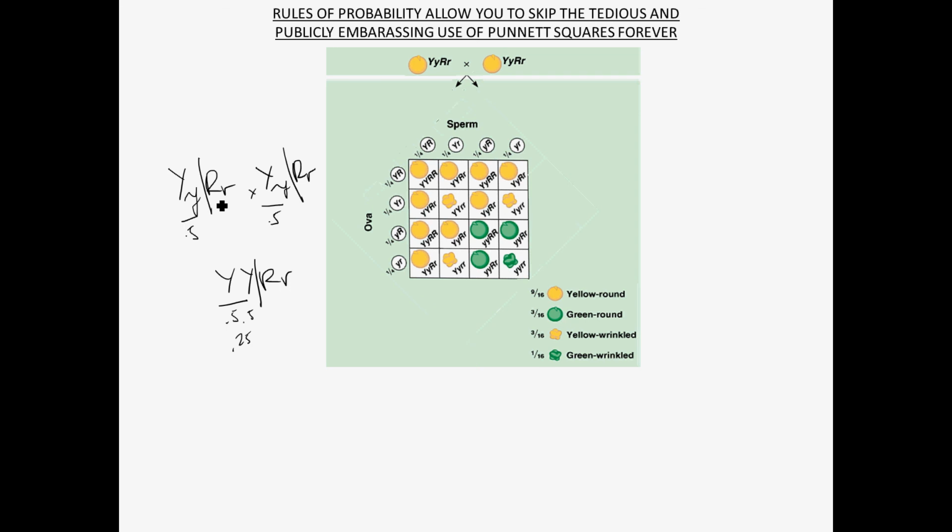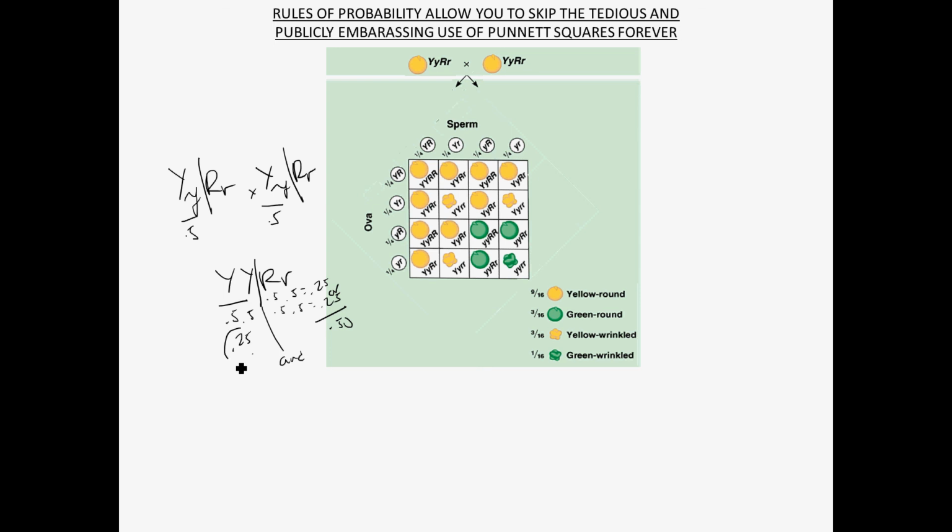Well, what's the probability that I get big R, little r? I can get big R, little r in more than one way. Parent 1 giving the big R, parent 2 giving the little r, that's 0.25. Or parent 1 giving the little r and parent 2 giving the big R, that's 0.25. So I can get that in more than one way, so I add those together as 0.5. So what's the probability that I get this and this at the same time?